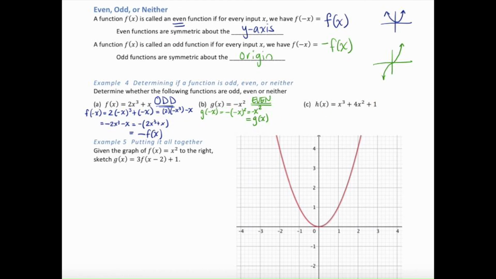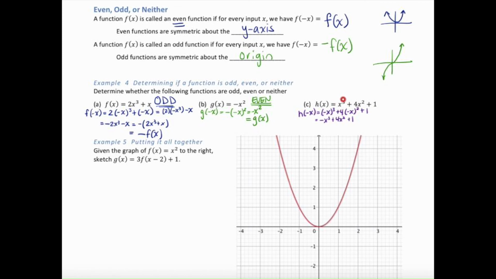Let's see what happens here. For example C. We have h of x equals x cubed plus 4x squared plus 1. Let's plug in our negative x. That's negative x quantity cubed plus 4 negative x squared plus 1. This is negative x cubed plus 4x squared plus 1.